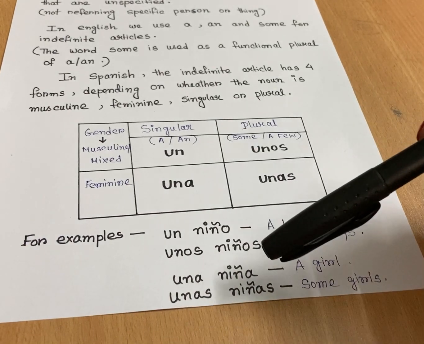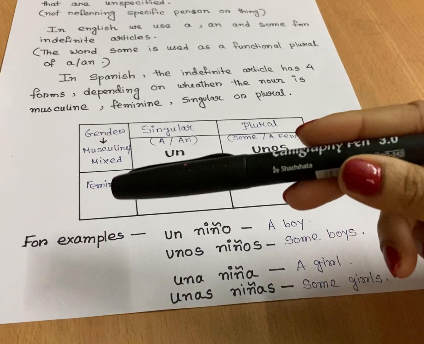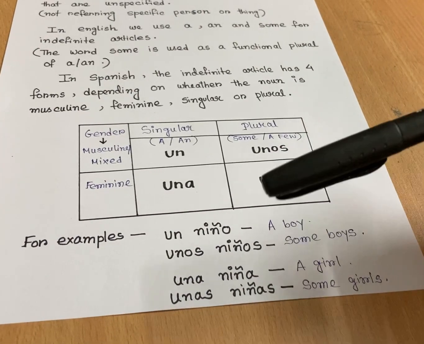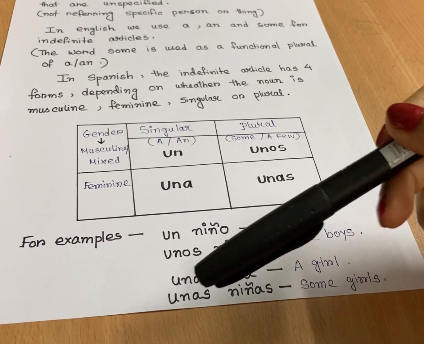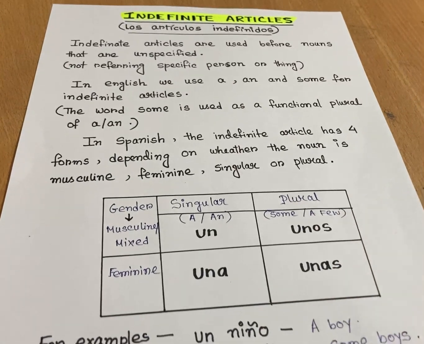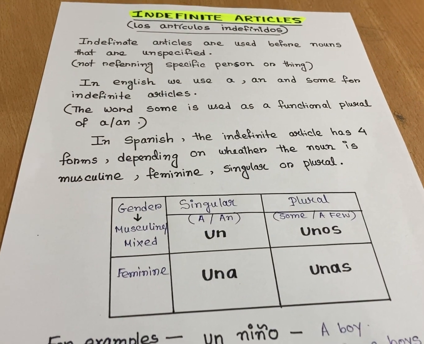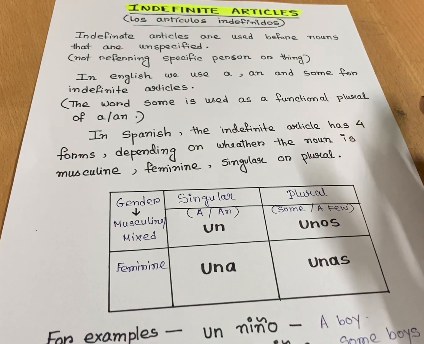That means una niña. And when we'll be talking about some girls, that means feminine plural, we'll be taking this form of unas, and we'll be saying unas niñas. So these are the basic things about the indefinite article. You need to remember all these 4 forms.